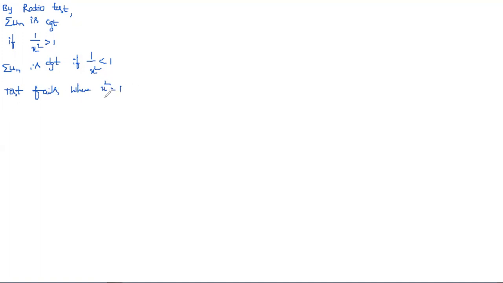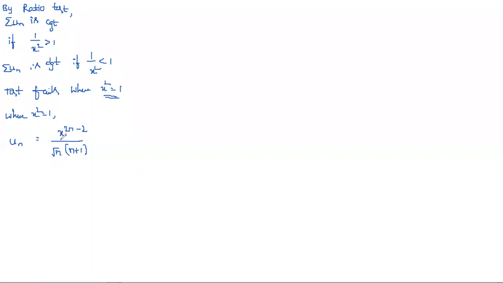Now, in this specific case we need to calculate again. So when x square is equal to 1, what about un? So un is x power 2n minus 2 by root n into n plus 1. Here x square is equal to 1, so x is equal to 1.